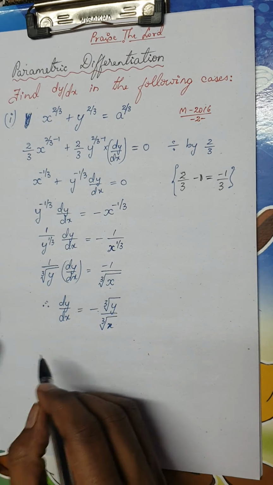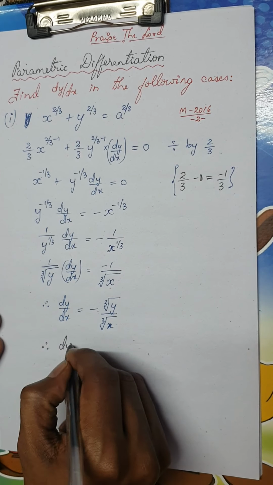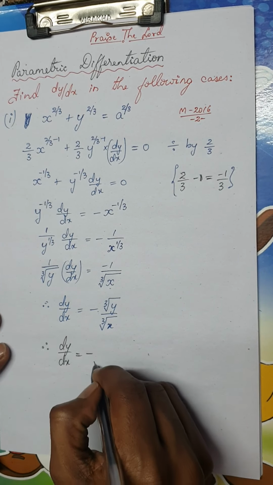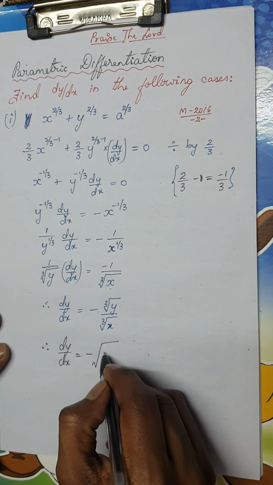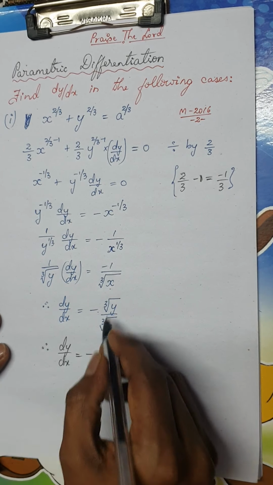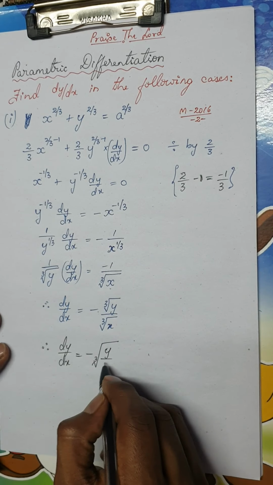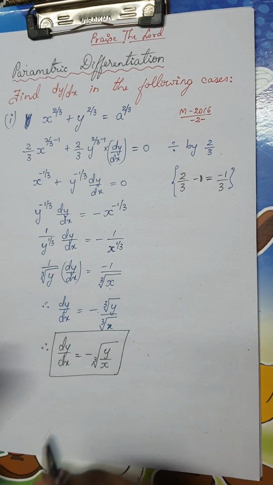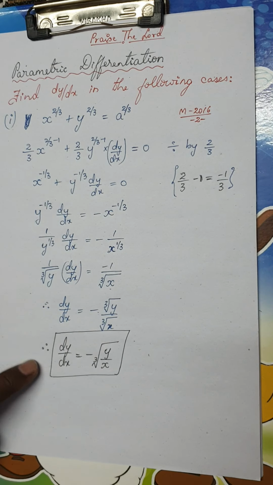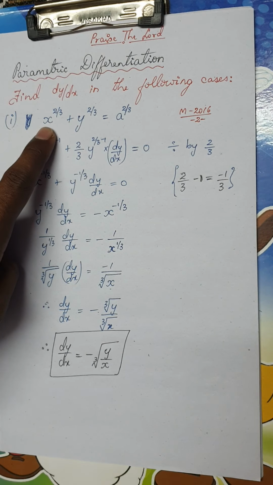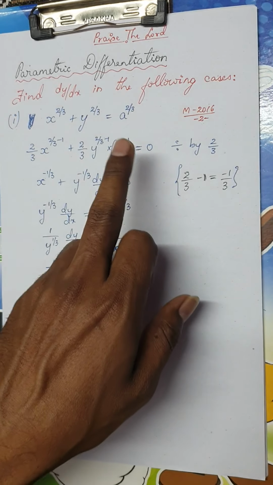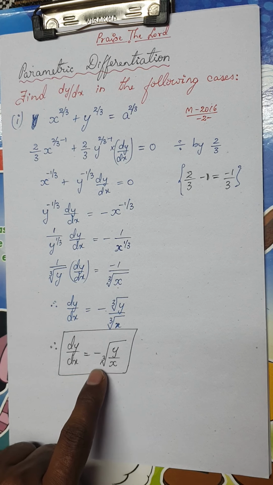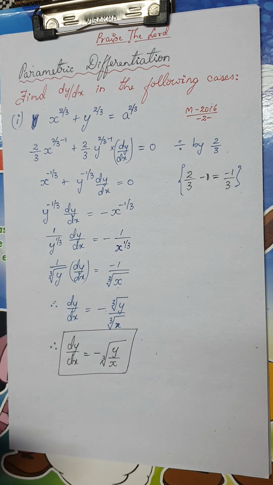You can further simplify this by taking the common cube root for both, so you are left with dy by dx is equal to minus cube root of y by x. Remember, this question is not just find dy by dx. The question is, if x power 2 by 3 plus y power 2 by 3 is equal to a power 2 by 3, prove that dy by dx is equal to minus cube root of y by x.